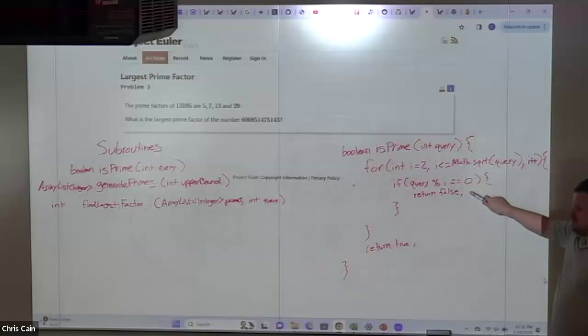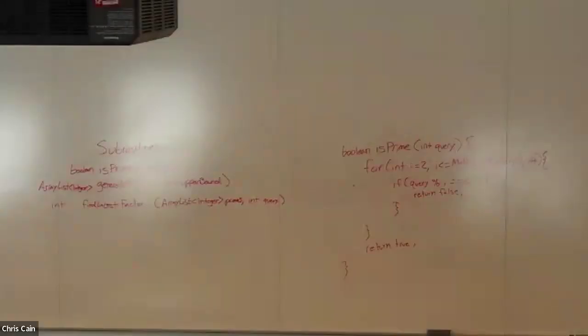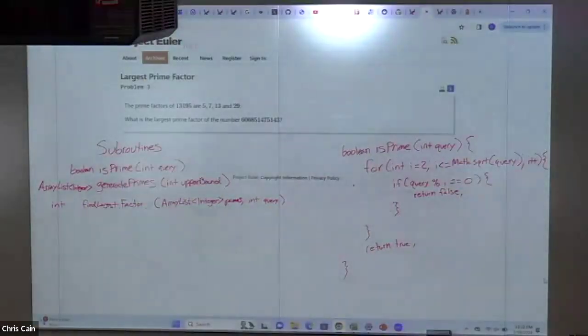If it is not, it'll return false. This first time we return false, we're done. We don't have to return false multiple times. It just kills the query and says that it's not prime. We found a factor between 2 and the square root. All right, that's is prime.